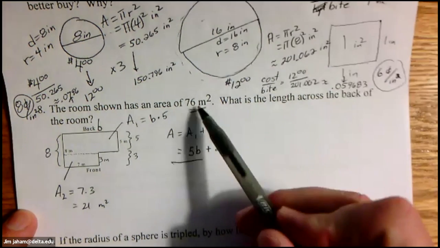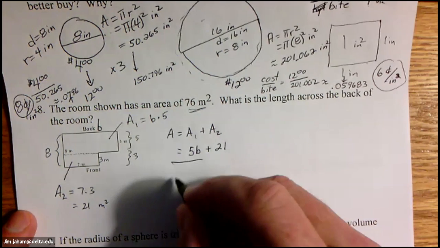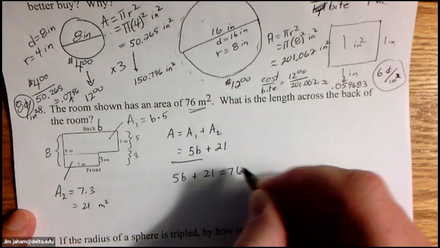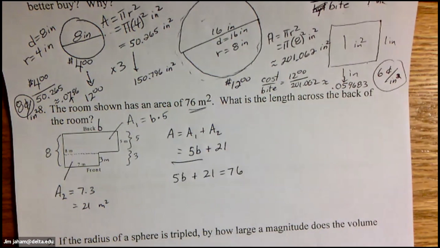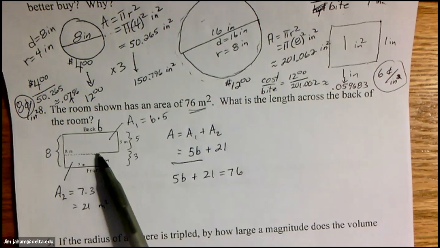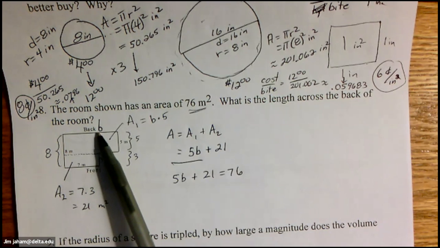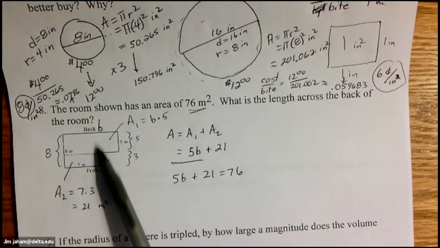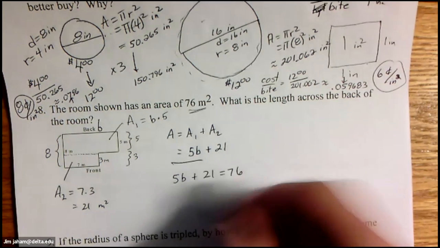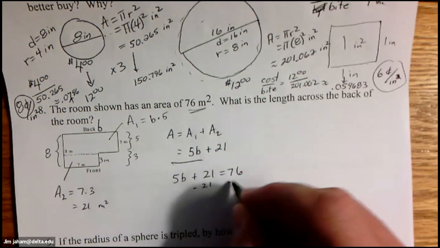But the problem tells us that that area is 76. So we have 5B plus 21 equals 76. And there are probably lots of different ways to do this. I chose to draw the line here. You could probably also draw it here and figure out what the area is by adding this plus this. But we have an algebraic equation, and we know how to handle those.